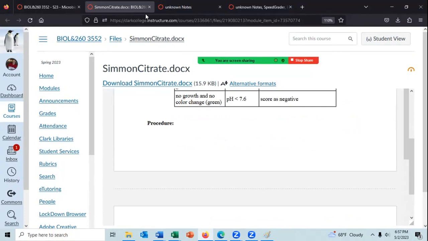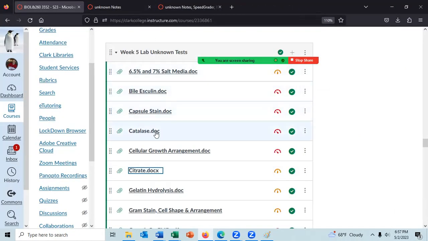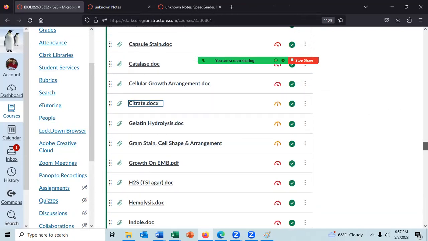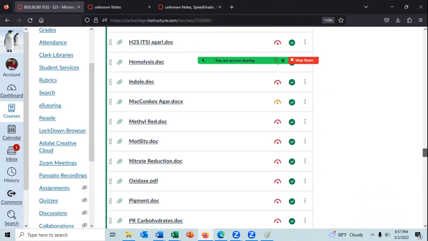There are a few that are 1 day, like catalase and oxidase. What's that third one?